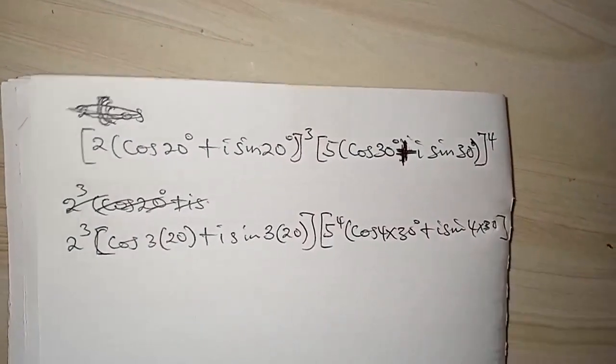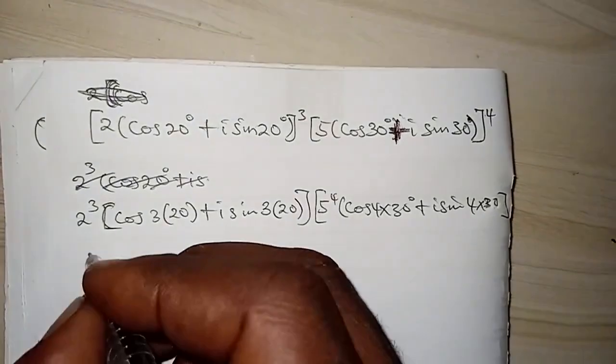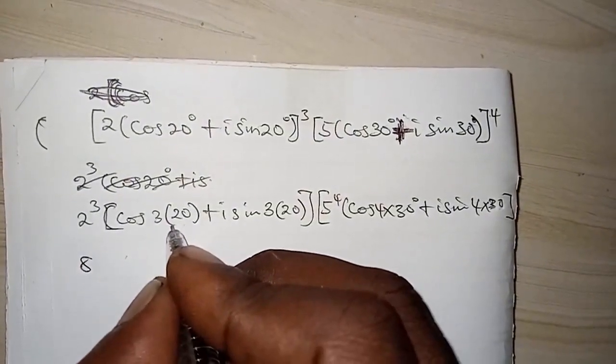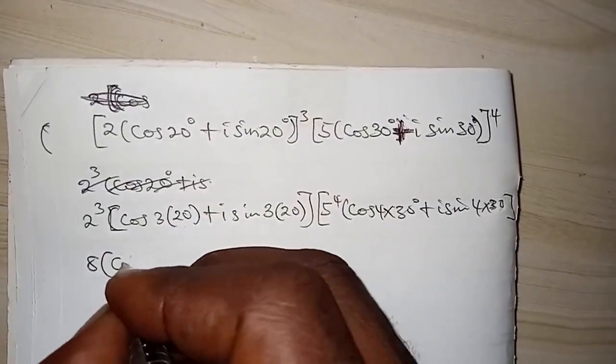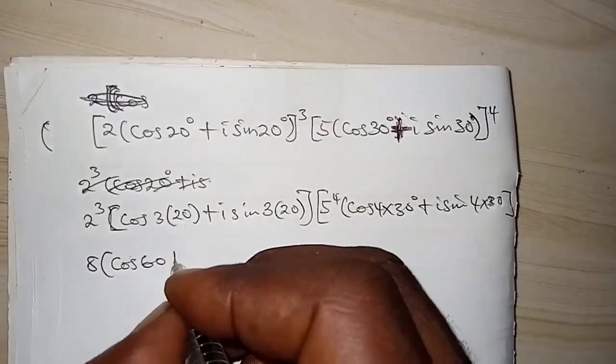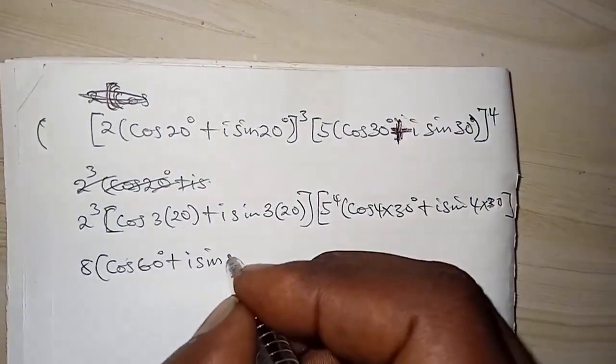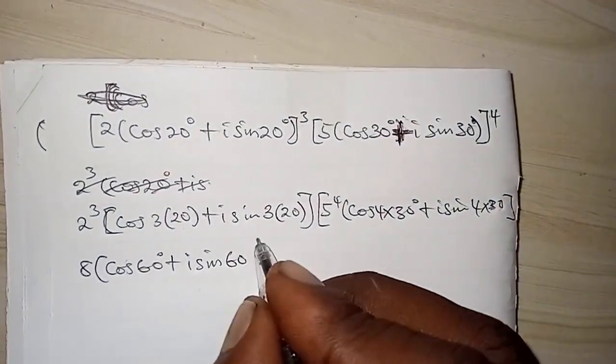So 2 raised to power 3 gives us 8. Now 3 times 20 will give us 60, so we have cos 60 plus i sine 60. That's on this part.